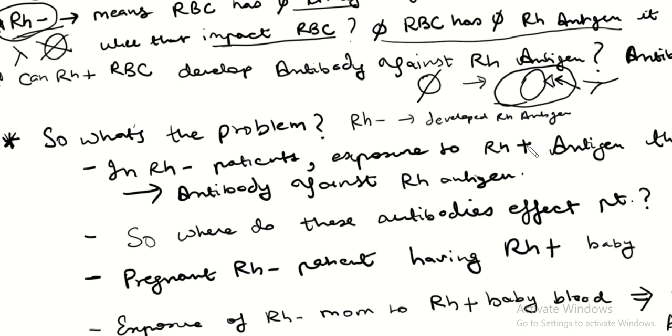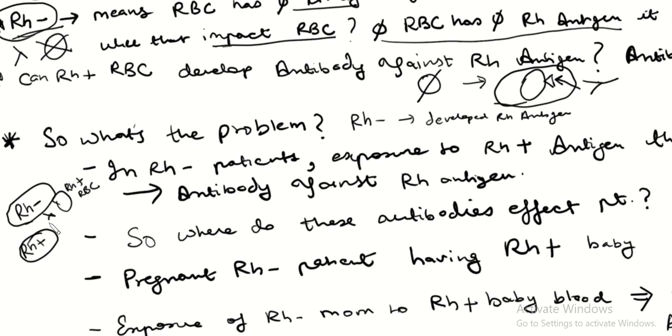Well, here's the deal. In women that are pregnant, let's say the woman is Rh negative and the baby is Rh positive. And for some reason, the mama gets exposed to Rh positive RBCs.